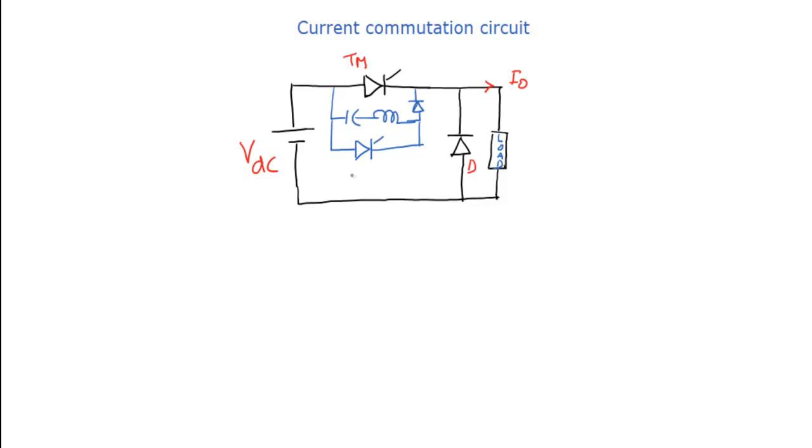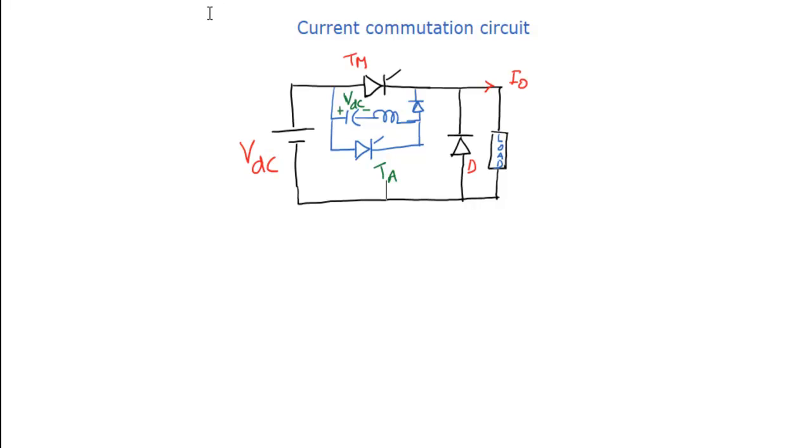As we discussed in case of class D commutation circuit, here also the initial voltage across the capacitor must be like this. That means the left plate must be positive, the right plate must be negative, and it should be charged to the source voltage VDC. And this will be the auxiliary thyristor TA. So this is the circuitry we will use for current commutation.